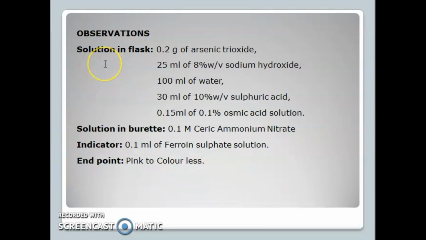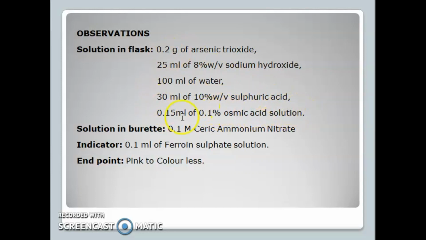Now we will see the observations part. In observation, you can see the solution in the flask is 0.2 gram of arsenic trioxide, 25 ml of 8% weight by volume sodium hydroxide, 100 ml of water, 30 ml of 10% weight by volume sulfuric acid, and 0.15 ml of 0.1% osmic acid solution.